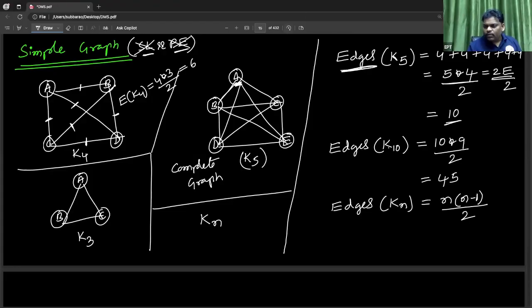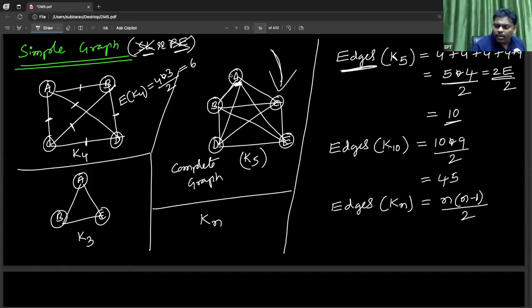If anyone says yes, one more question: is a complete graph a simple graph? Yes. Listen everyone, a complete graph is a simple graph. If you add one more edge, it will become a multigraph. That is the reason it is complete: it is already maximum, you cannot add one more edge.